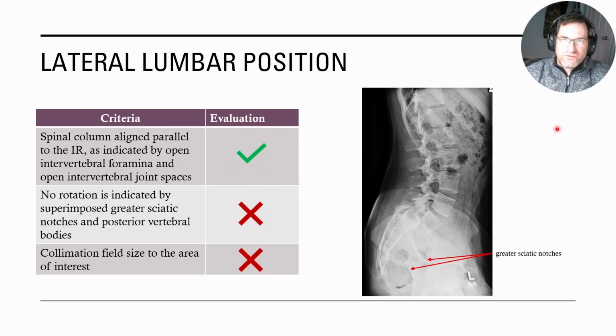For our positioning for lumbar, we have our spinal column parallel with the IR, and all the vertebral foramina are open. It's a little hard to see here, but it's due to this vertebra right here being pushed anteriorly. No rotation? I would say yes, rotation. We got our greater sciatic notch here and here, and they're not even lined up.